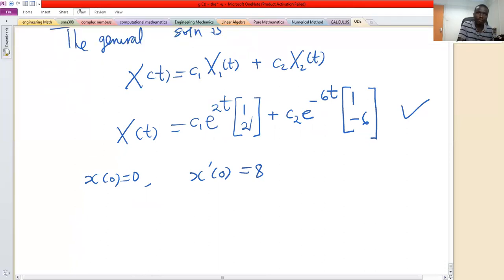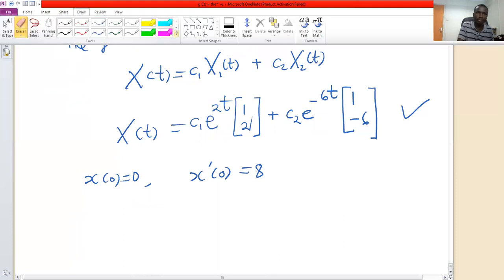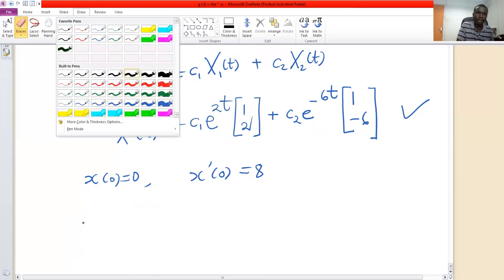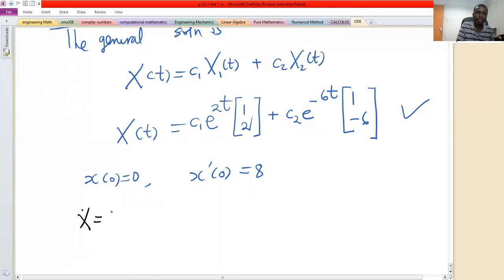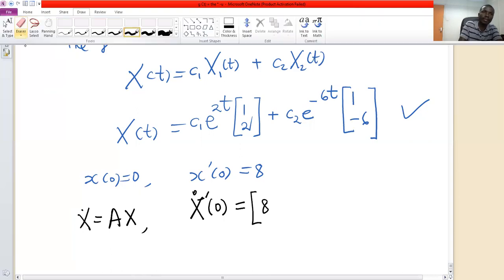Since we have transformed our equation into the form x dot equals Ax, this initial condition is like saying x at 0 is given by 0, and x prime at 0, or x dot at 0, is given by 8.